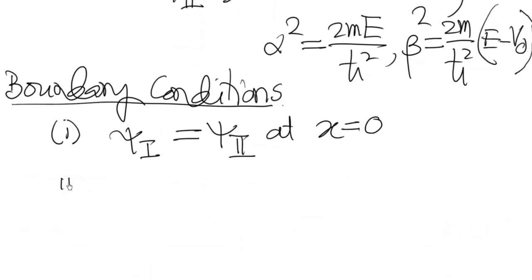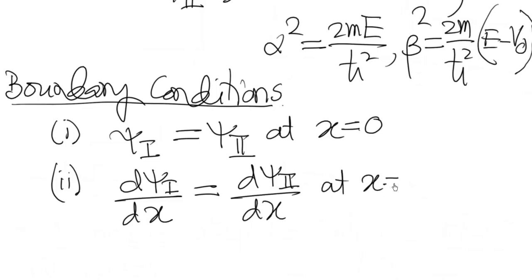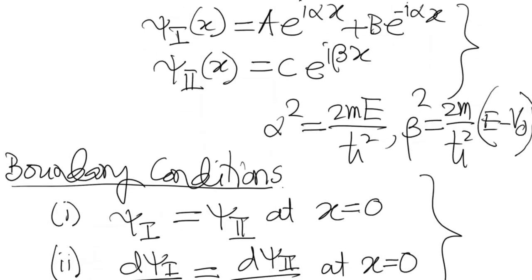Another boundary condition is that the first derivative of psi1 with respect to position must equal the first derivative of psi2 with respect to position at x equal to 0. So we will apply these and see the relations between A, B, and C.